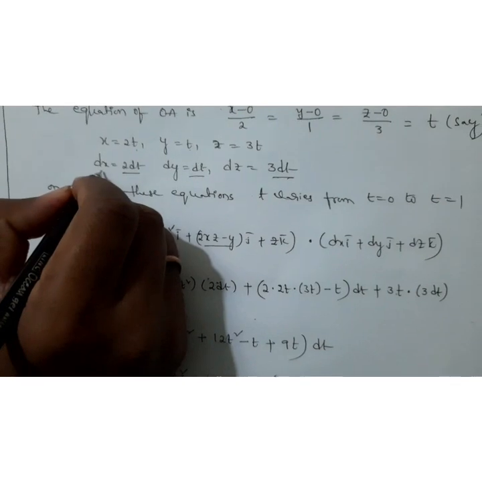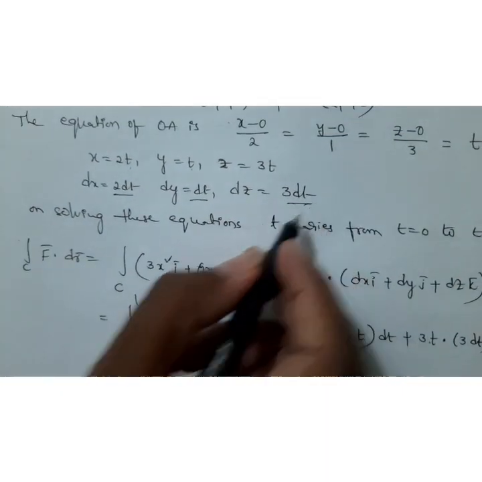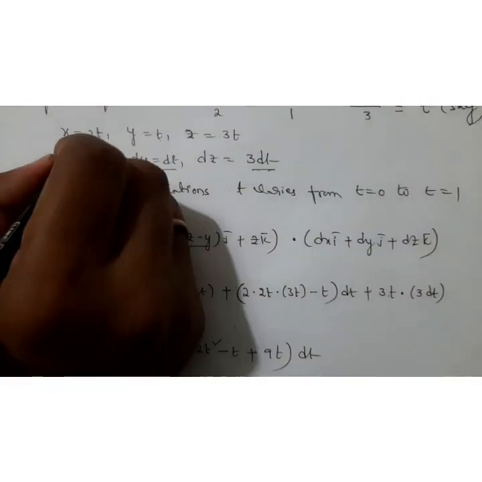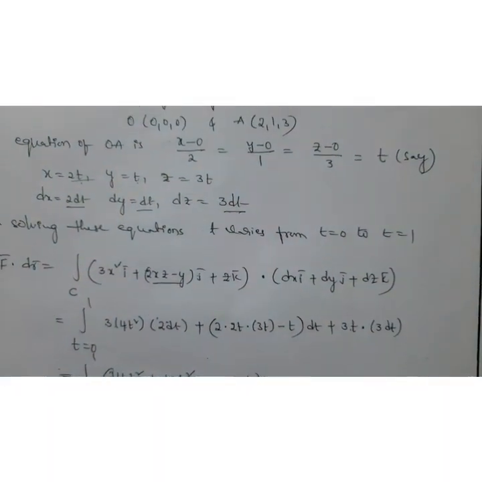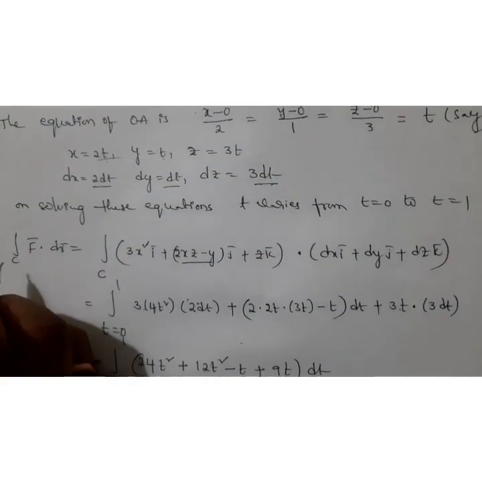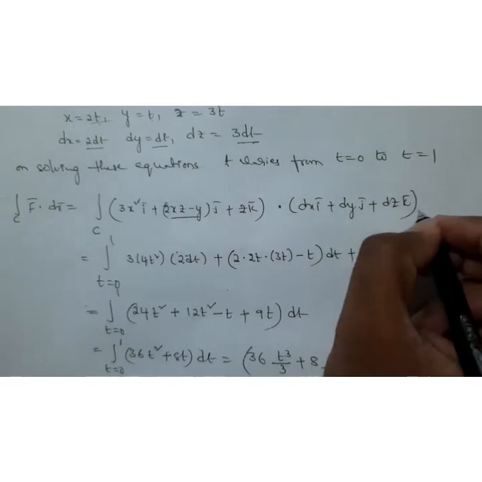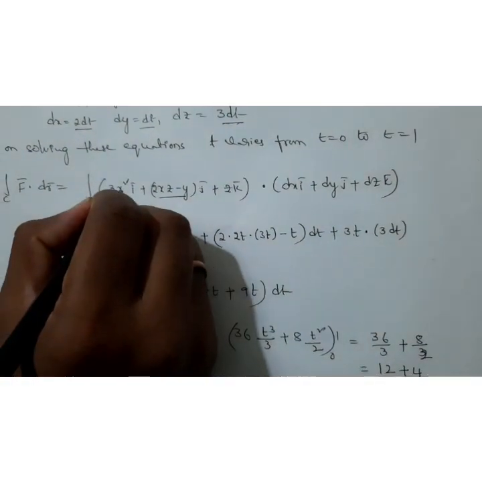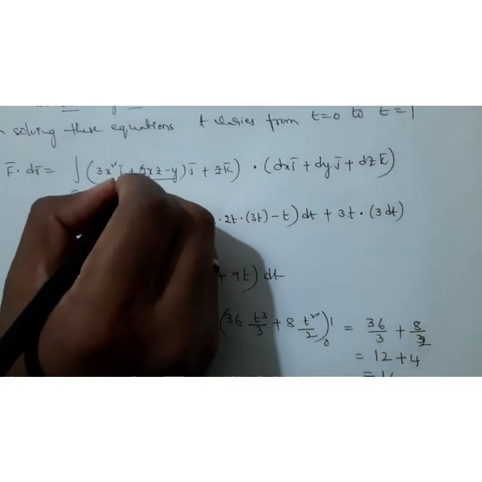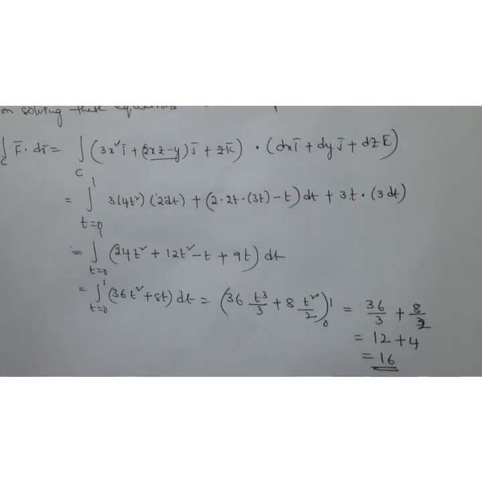Differentiate with respect to t, we get dx equal to 2 dt, dy is equal to dt, dz is equal to 3 dt. On solving these three equations, we get t equal to 0 to 1. Therefore, t varies from 0 to 1. Integral over c of f bar dot dr bar: this is f bar, this is dr bar. Substitute x is equal to 2t, y is equal to t, z is equal to 3t, and substitute also the dx, dy, dz values.